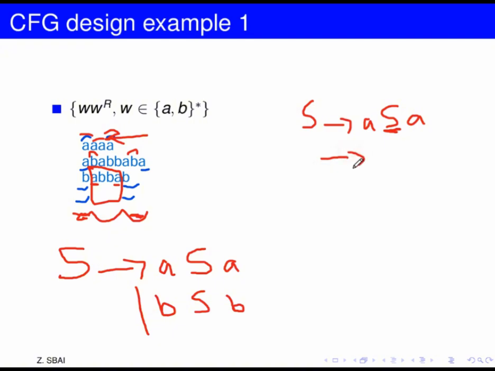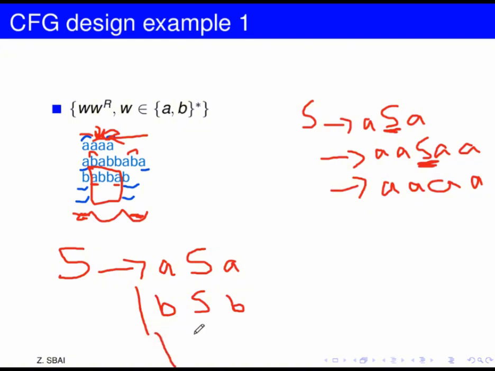So we can write that this also produces ASA, and we will write the A in the beginning and the A at the end. Okay, and for the last S here, since all the symbols of the string have appeared, it should be changed by epsilon, so that this will produce the string AA, AA, if we change the S by epsilon.